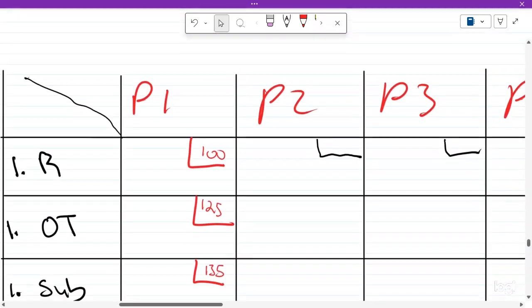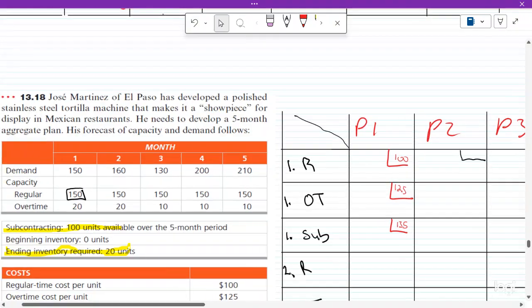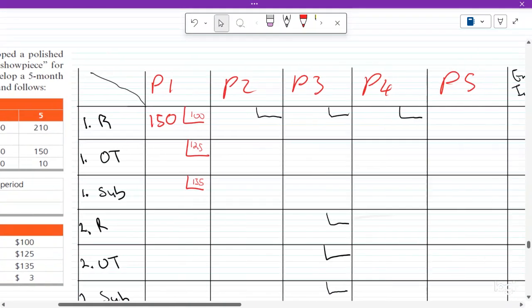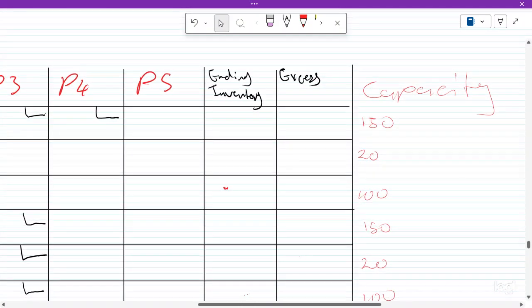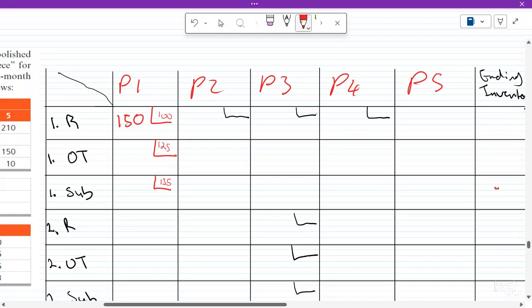So then that is 150 to 150. We don't have initial starting, so that is 150. That one is done, right? Then we are remaining with this one, the 20 and the 100. Those become your excess.